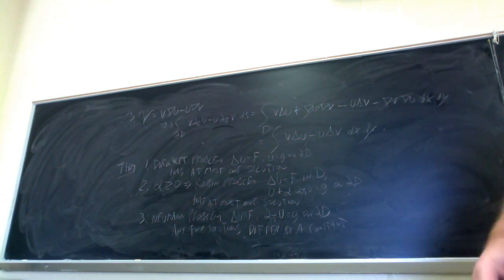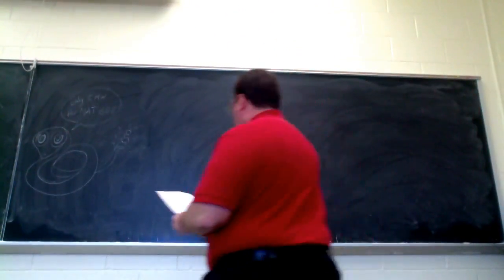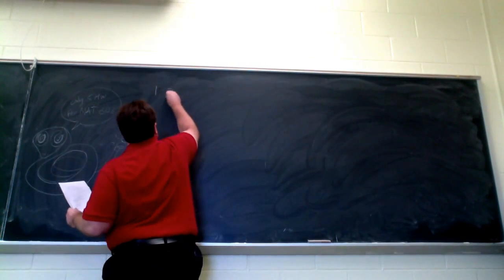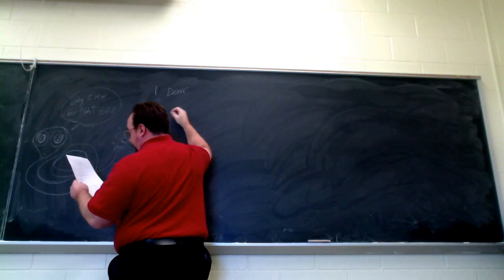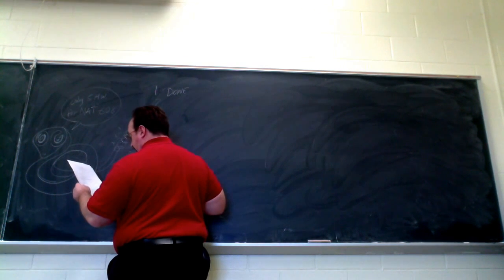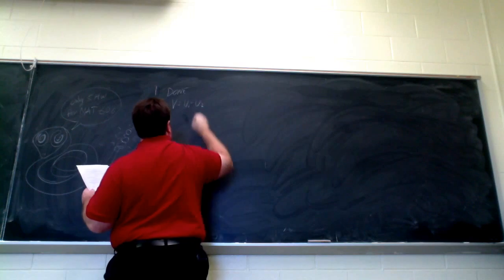All right, so first, the Robin problem, we'll do that first. Okay, so first one already done. Second one, I'm going to let v equal u1 minus u2 again.